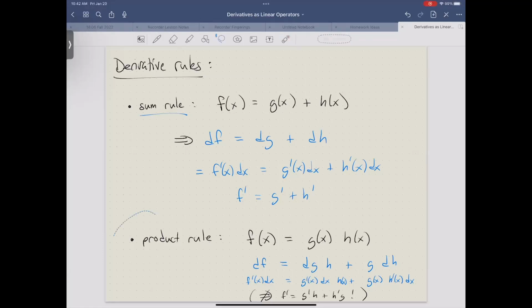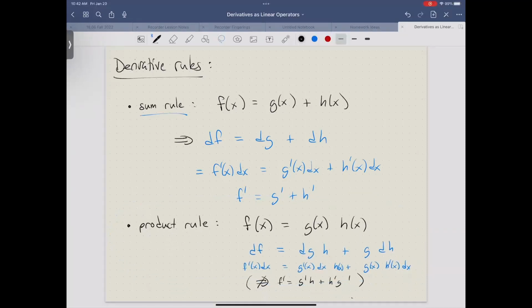I'm running out of space here. Why can't I do that? Because I can't necessarily move the dx to the side here. So g prime dx h is not equal to g prime h times dx. In general, if these are numbers, obviously this works. But now that these could be some other kind of object, matrices or something like that, this is not going to work in general.